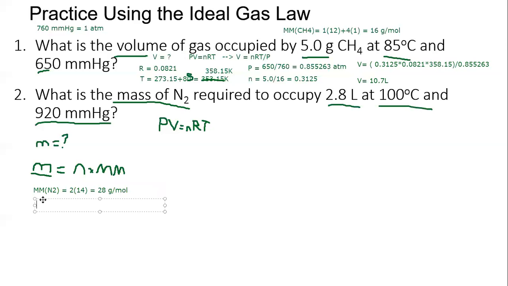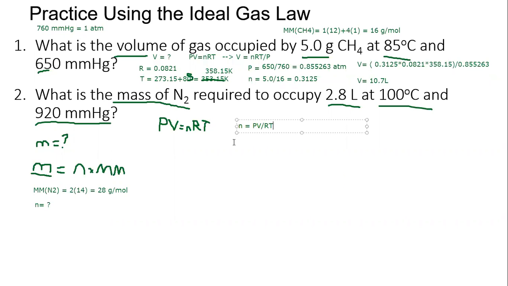But the moles is what we need. So now we have to use the PV equals nRT equation because we know the volume of the gas, the temperature of the gas, and the pressure. We can solve for moles. So moles equals PV divided by RT.